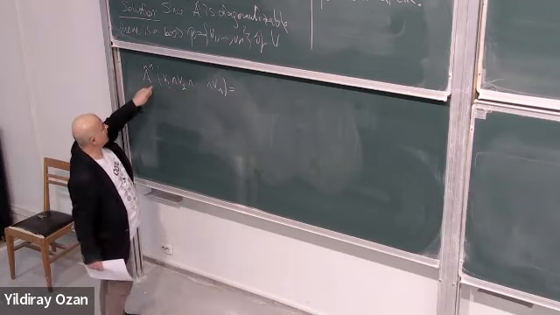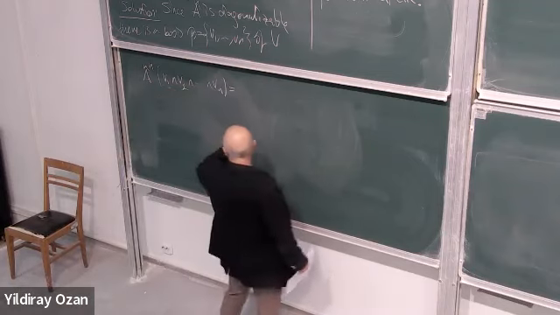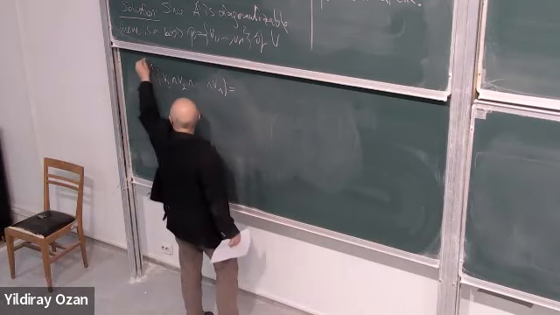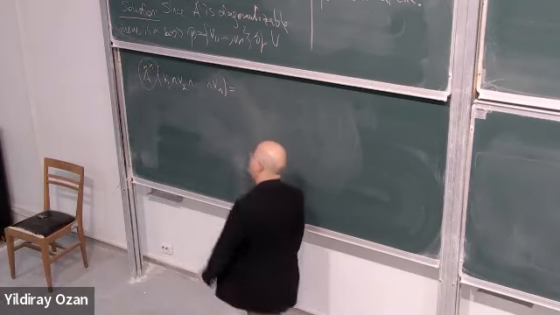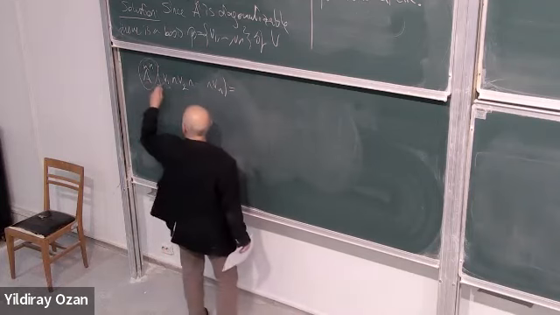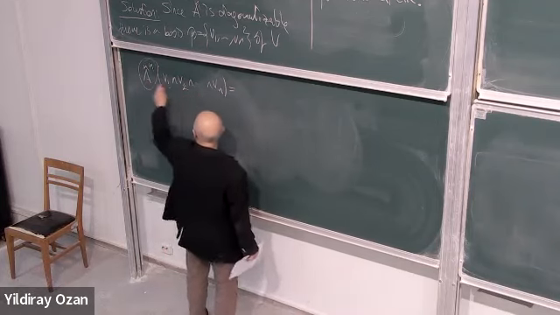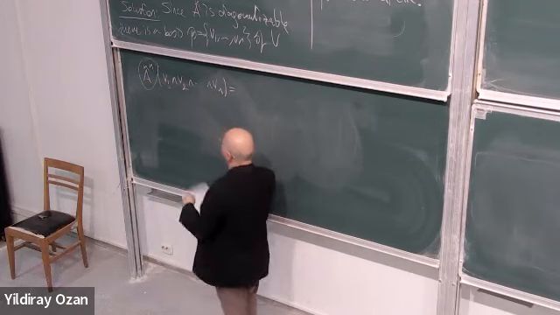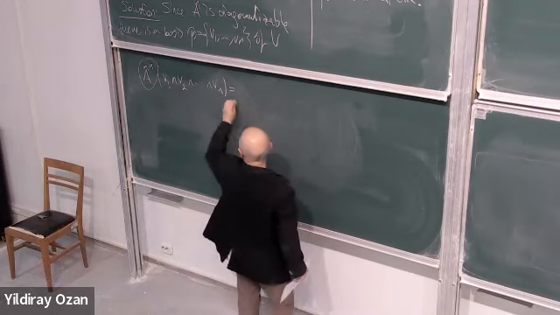And how was this action defined? A n-th power means you hit each vector by A, and then you take the exterior product.